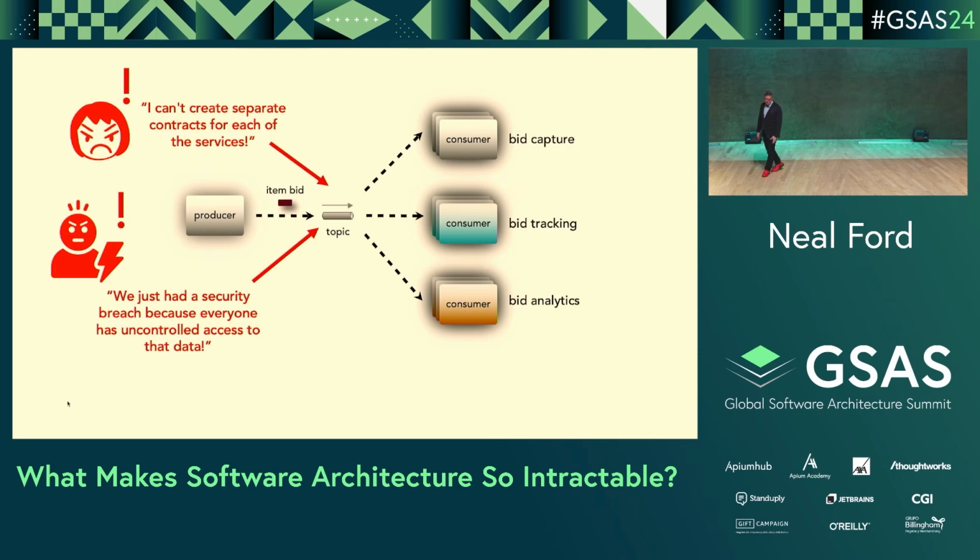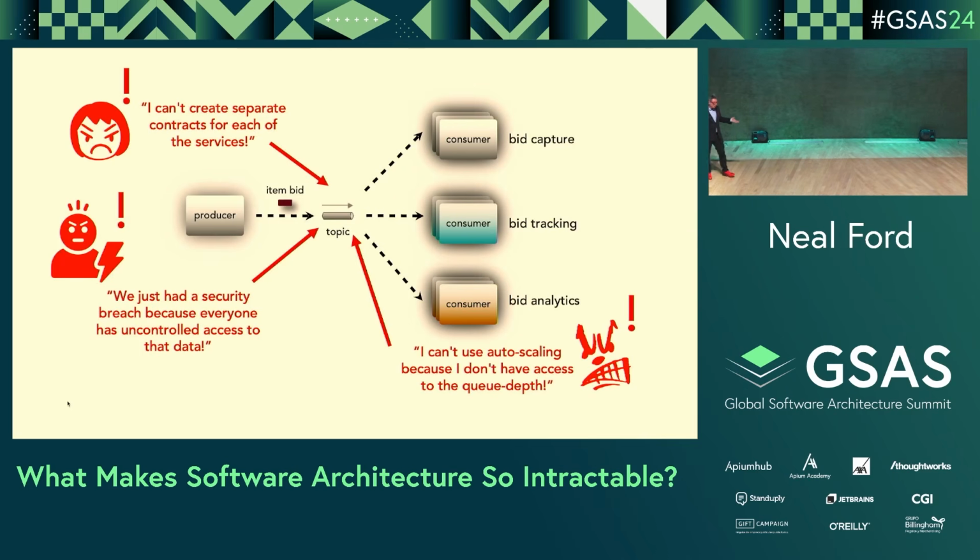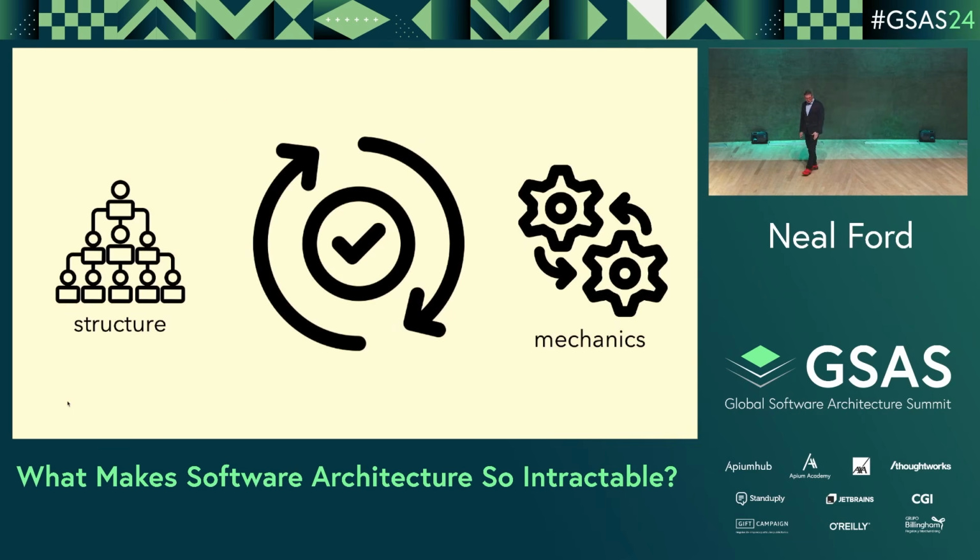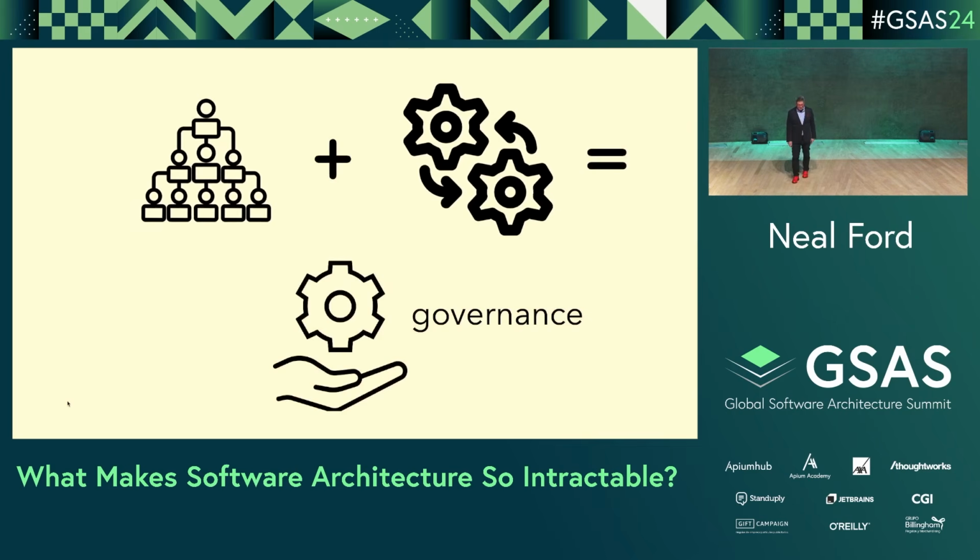Oh, we just had a security breach because everybody has access to everything on this topic. There's no filtering. And oh, look, I can't use auto-scaling because you don't have queues, and that's the only way you can do auto-scaling. You can't do that on topics because each one is an equal citizen. This is the danger of over-evangelizing something. It always ends up coming back to bite you.